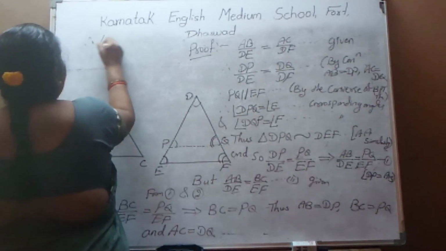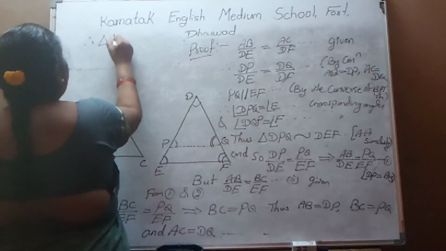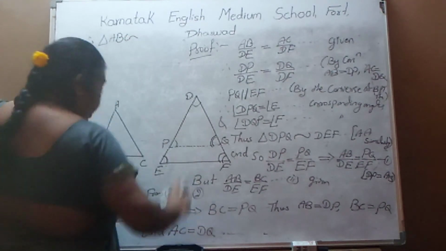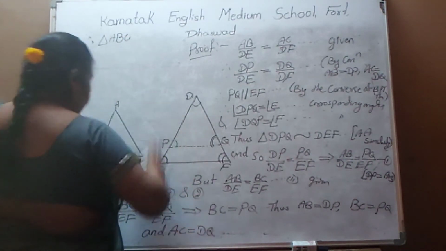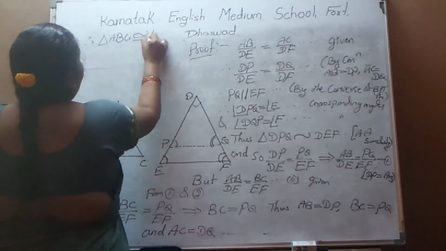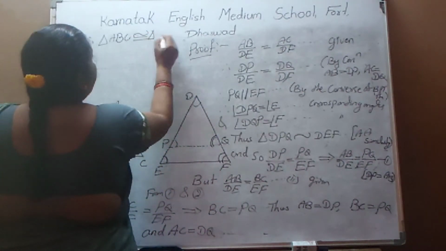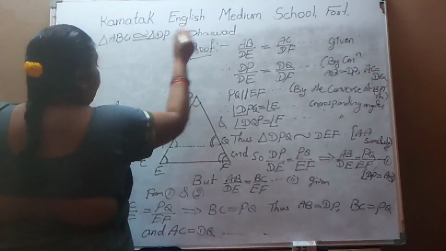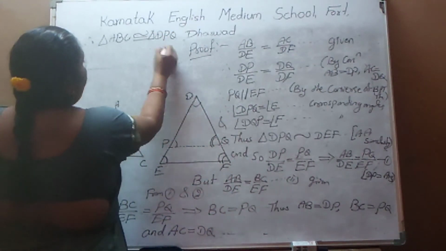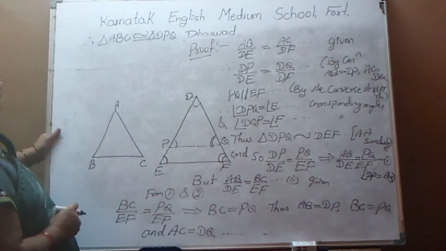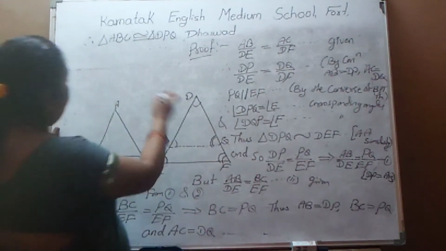Therefore, triangle ABC congruent to triangle DPQ because all the sides are equal, all the angles are equal.